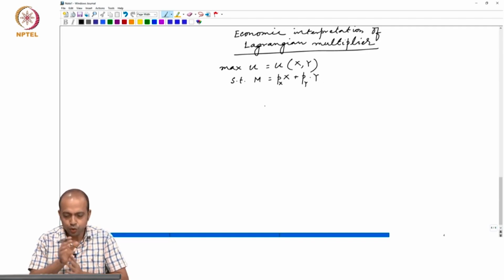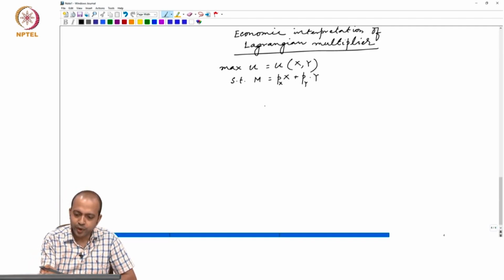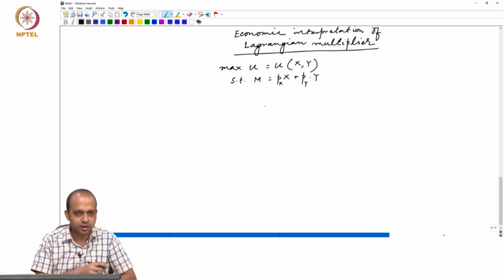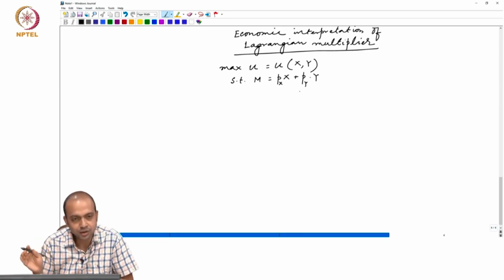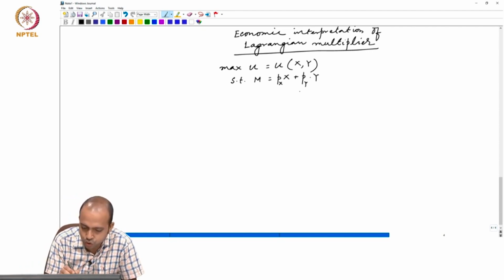So, what we will do? We will try to maximize this utility. This is a constraint optimization because the consumer is facing a budget constraint, and constraint optimization we will try to solve by the Lagrangian multiplier method. So, what would be the Lagrangian function? The Lagrangian function would be the utility function.